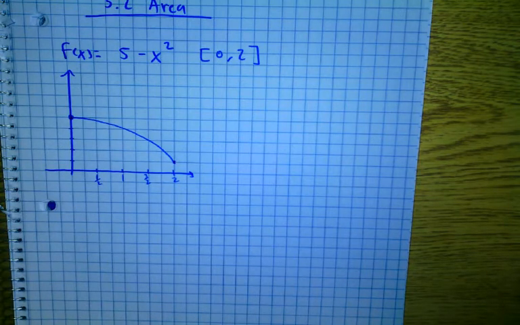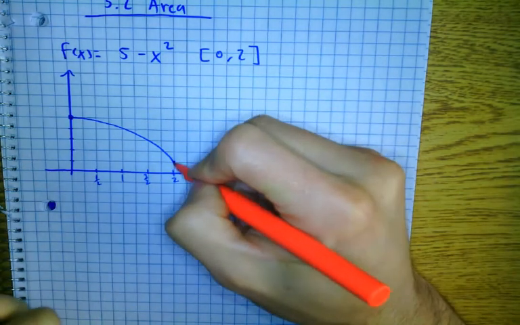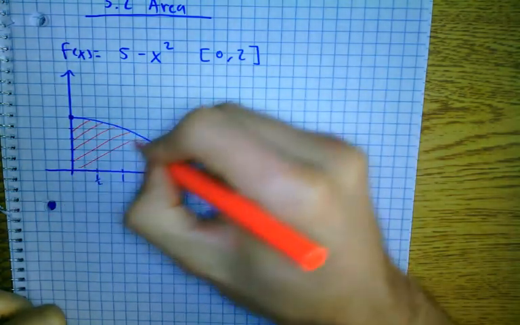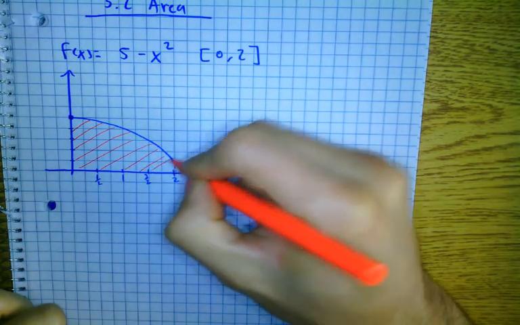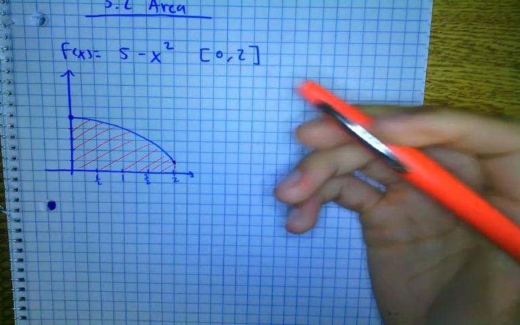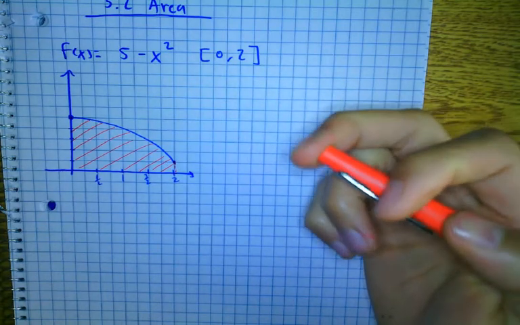Again, what I'm interested in is I want to figure out what this area right here is. Now, without calculus, we're going to be a little limited in what we can do. So what we're going to do is use your knowledge of geometry.